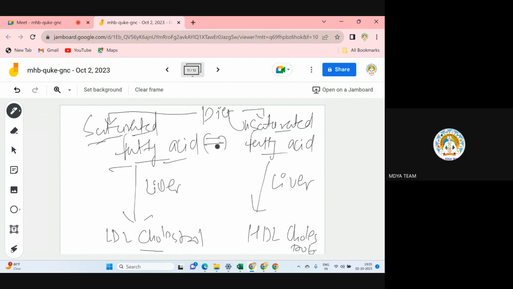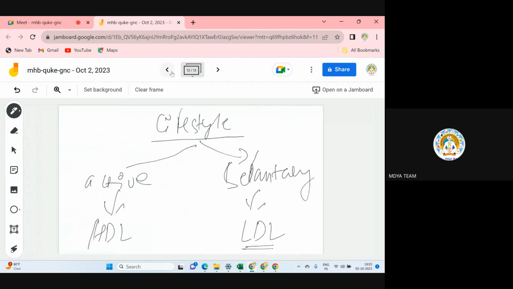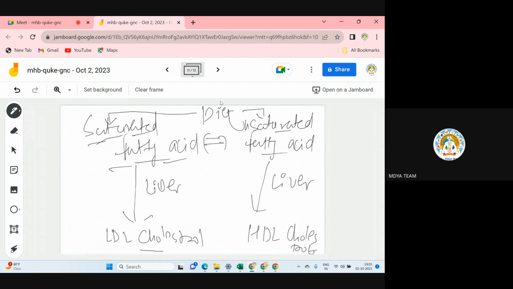Yes, diet contributes only 20%, like directly 20% of cholesterol comes from diet. But that 80% of cholesterol is also being formed from our diet, but this formation is taking place in the liver.